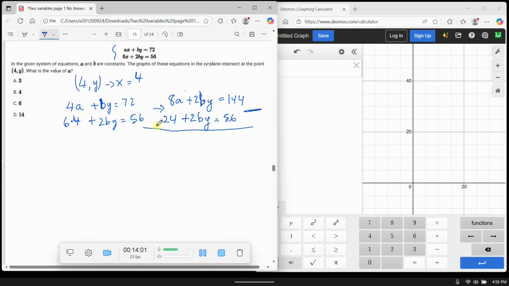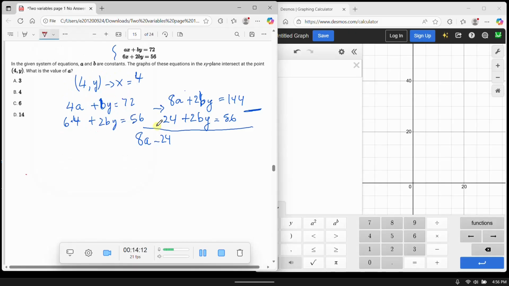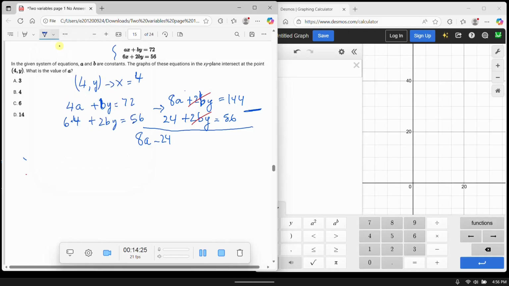Okay, so again, I'm going to subtract the whole thing vertically, straight down. And now 8a minus 24, we couldn't do anything there. Now the 2by cancel out. All right, this is gone. All right, now 144 minus 56 is 88.